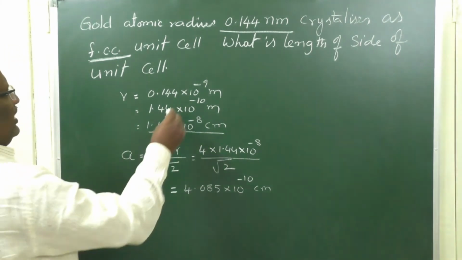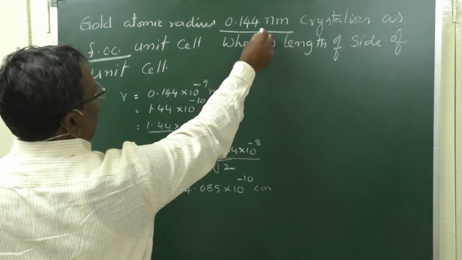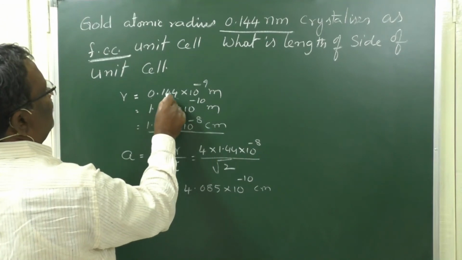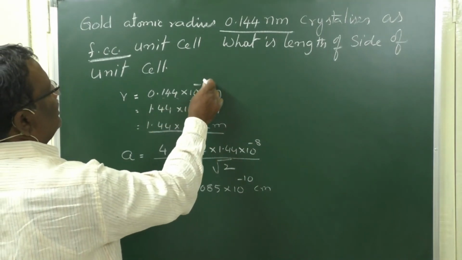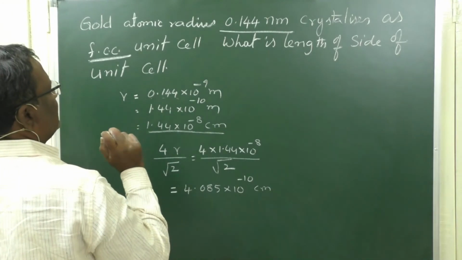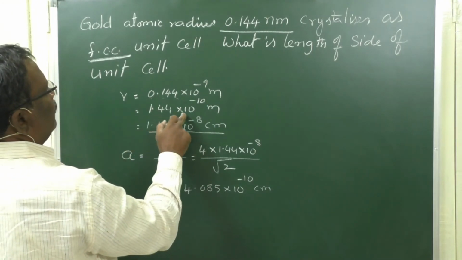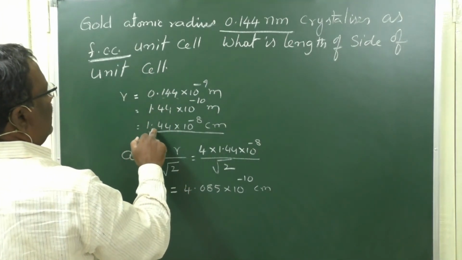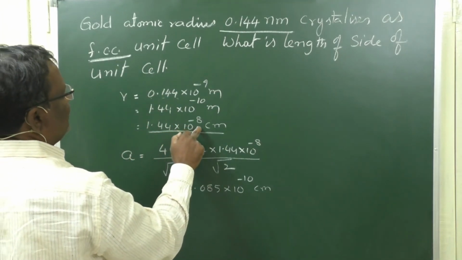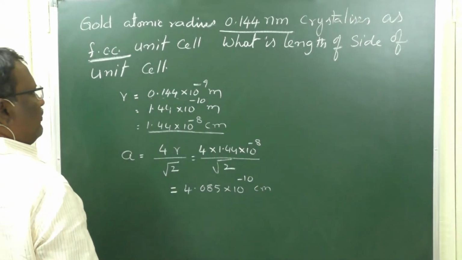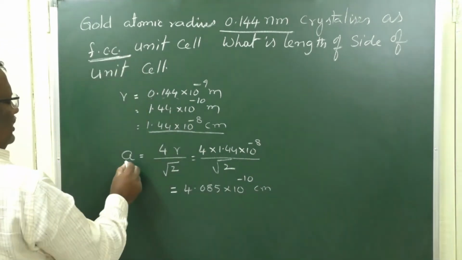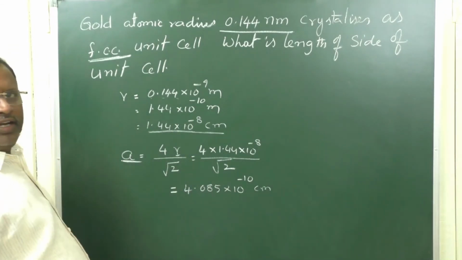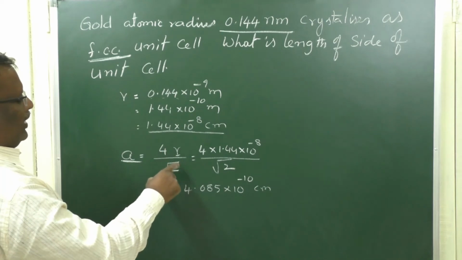Here R is given as 0.144 nanometer. 0.144 nanometer means 0.144 into 10 to the power minus 9 meters. It will be 1.44 into 10 to the power minus 10 meters, or 1.44 into 10 to the power minus 8 centimeters. For an FCC unit cell, the relation between the side edge and radius is 4r by root 2.